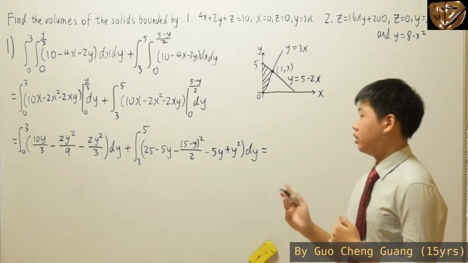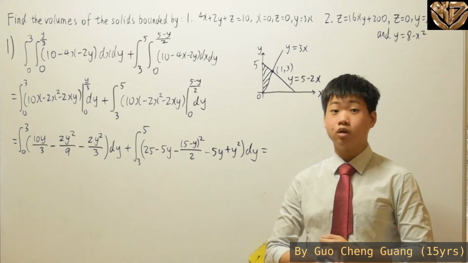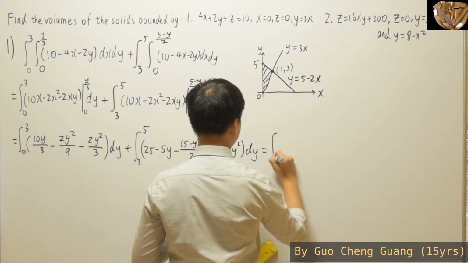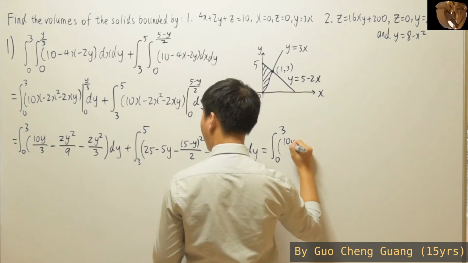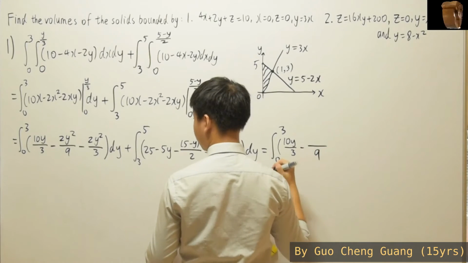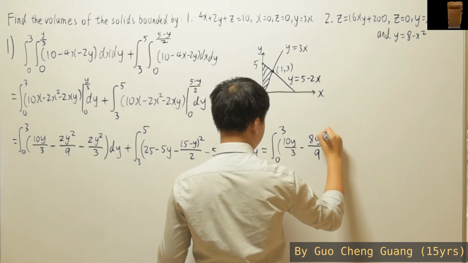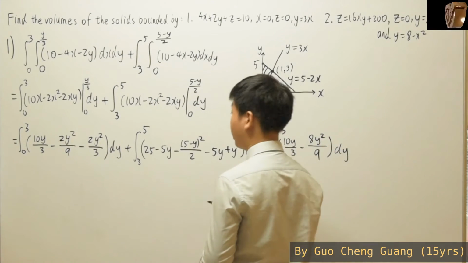And next, of course, we could combine a few different parts just to make your calculation in the end a bit simpler. So starting from integral from 0 to 3, you're going to have 10y over 3 minus something over 9, which is 8y squared, and then dy.